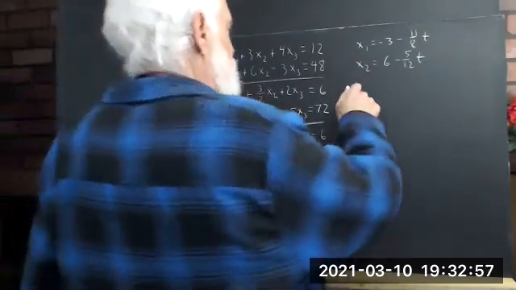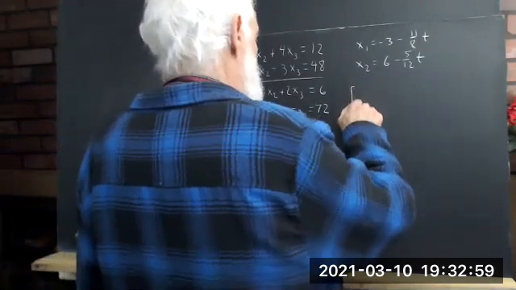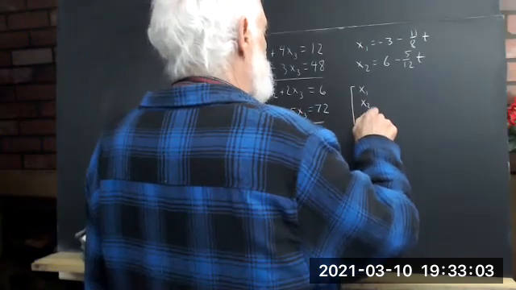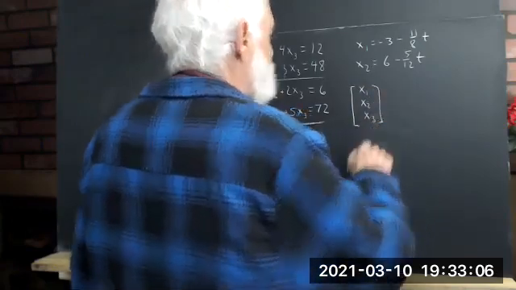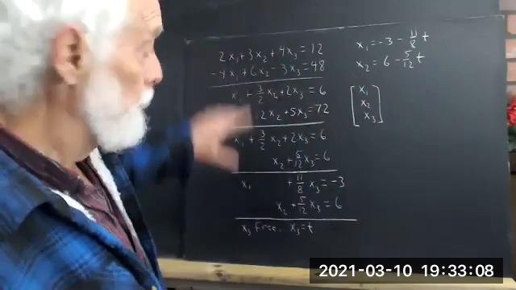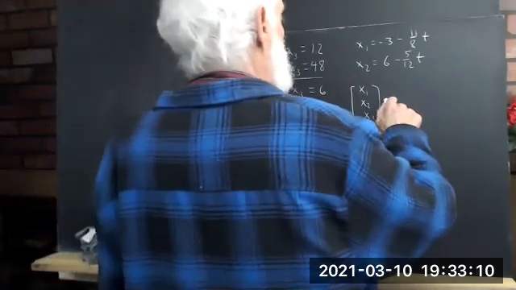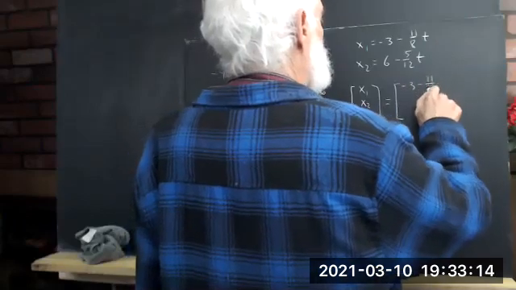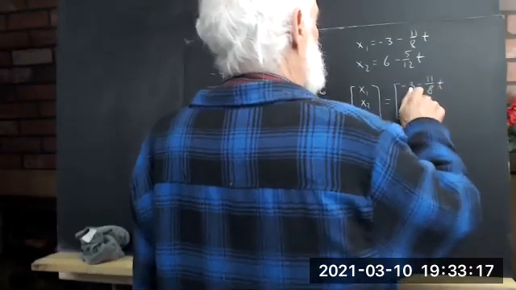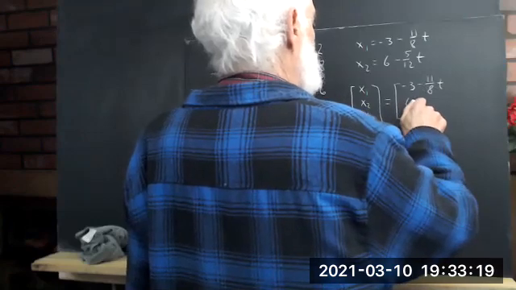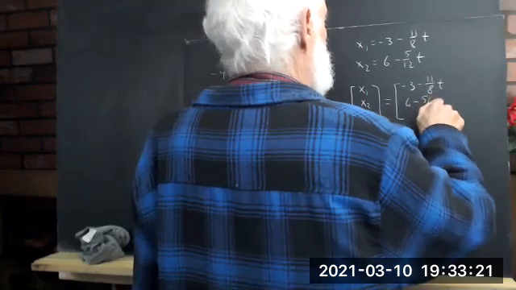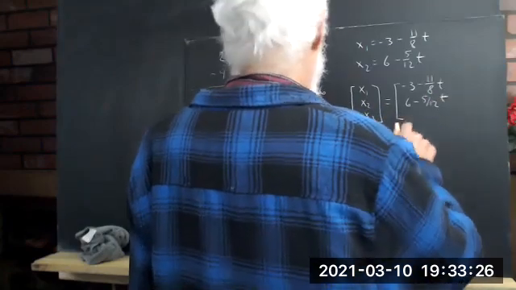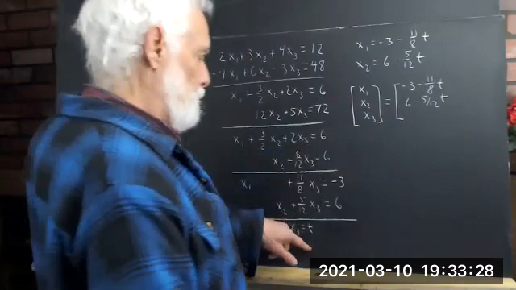And so we can say then that our vector x1, x2, x3, representing our solution, is -3 minus 11/8 t, 6 minus 5/12 t, and x3, which is just t.